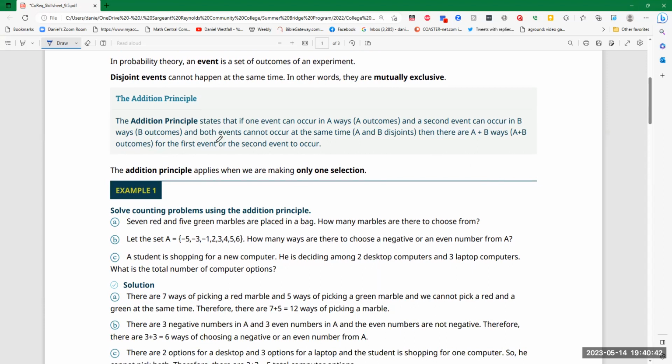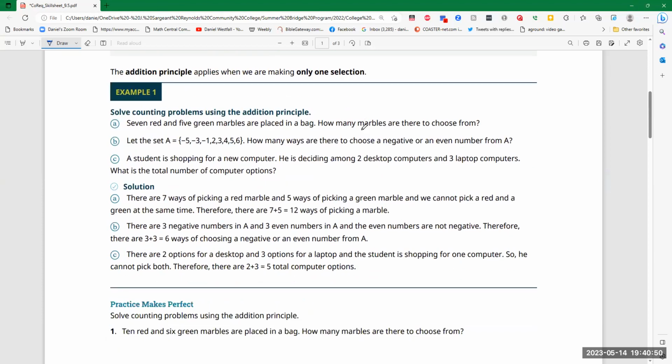Make sure you say or here, first event or the second event, because this is a union, so it gets an or. So the addition principle applies when only making one selection. Again, we don't want to use this very basic addition principle when there is an intersection. We're going to see a problem later where there is an intersection, and we're going to have to not count the intersection twice.